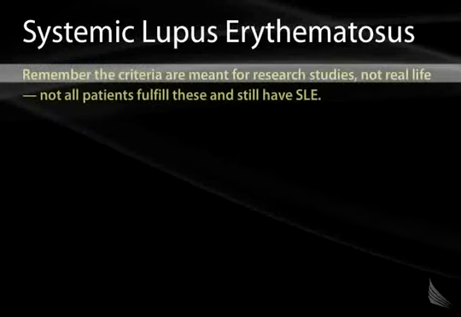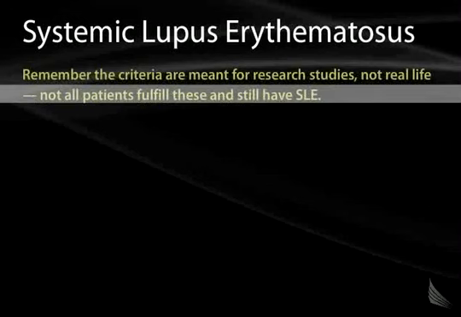Remember that these criteria are meant to classify patients with lupus for research studies, and from the clinical realm, not all patients fulfill these, but we can still say that they do have SLE.